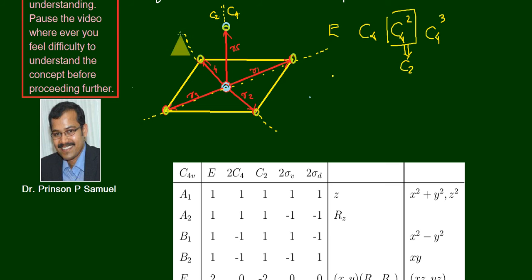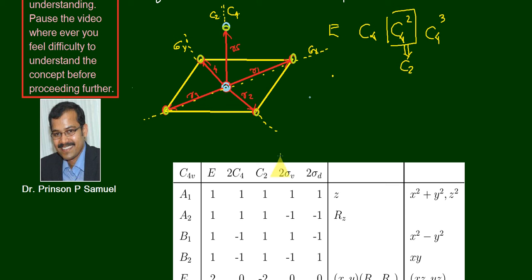So you remember that these planes are actually perpendicular to the plane of the square base. So two vertical planes you can see like this, and each of the vertical planes will contain 3 bonds. In this vertical plane sigma v, you have R1, R3 along with R5, and in the other sigma v plane you have R2, R4 and R5.